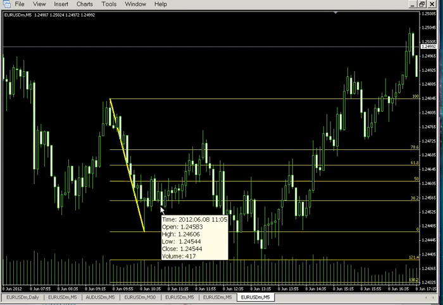Now an aggressive trader puts their stop right here, above where there's a little bit of resistance. A conservative trader would actually put their stop all the way up here. But me, I'm aggressive. I would go here. I like to know if the trade's going to work out or not. If not, I'm out. So I would have gotten in here, stop up here.